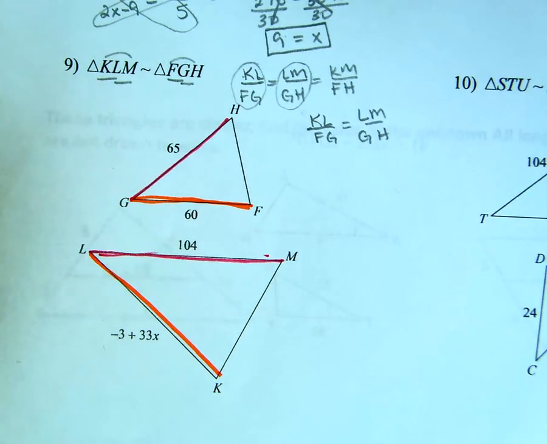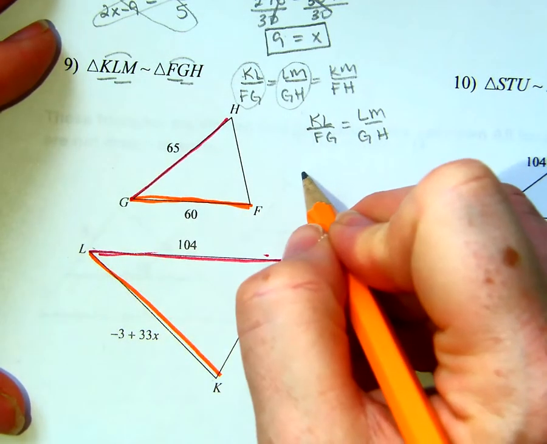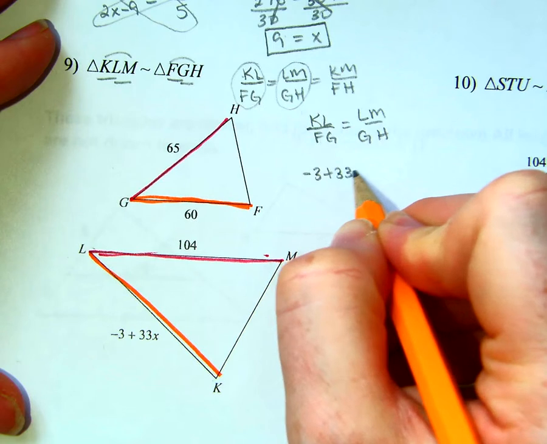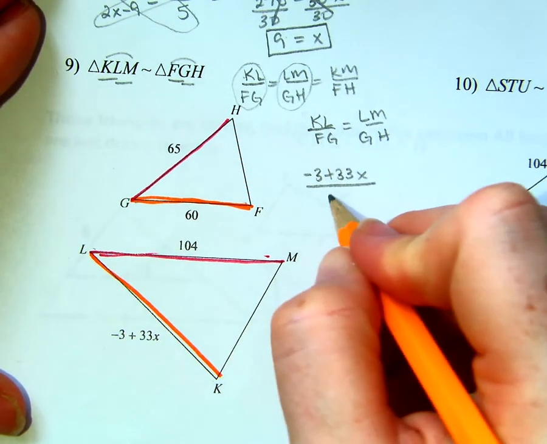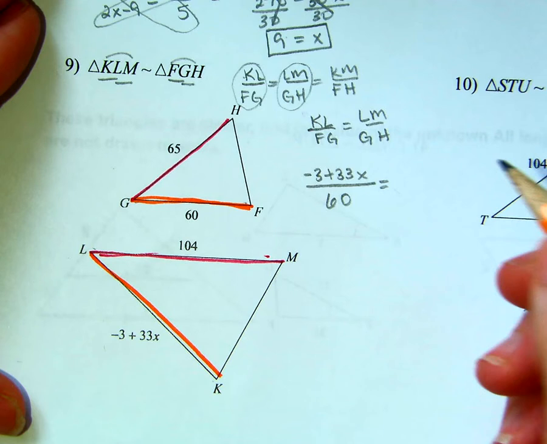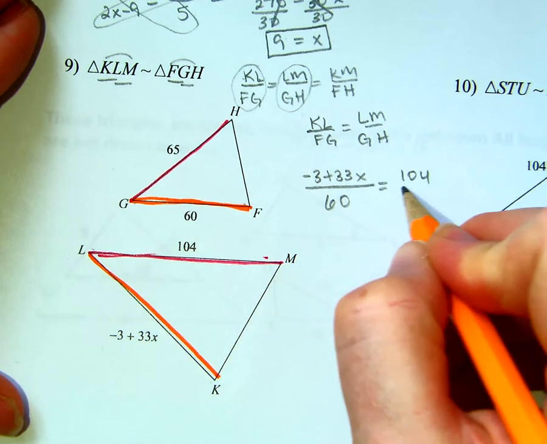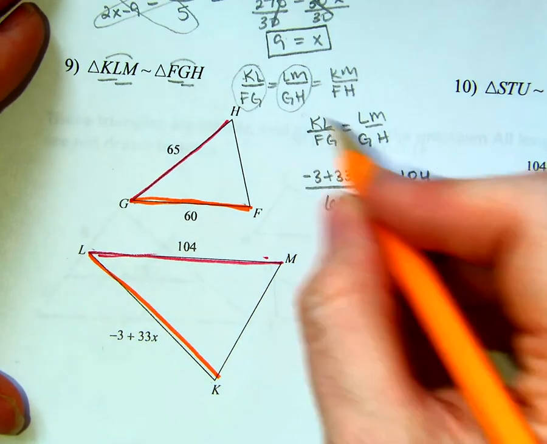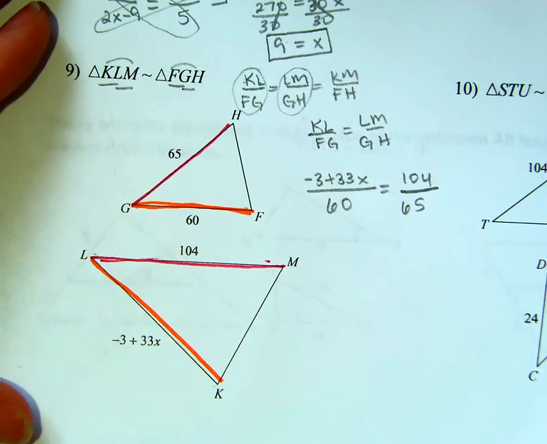Now I just need to go pull off those side lengths. So KL is negative 3 plus 33x. FG is 60. LM is 104. And HG is 65.